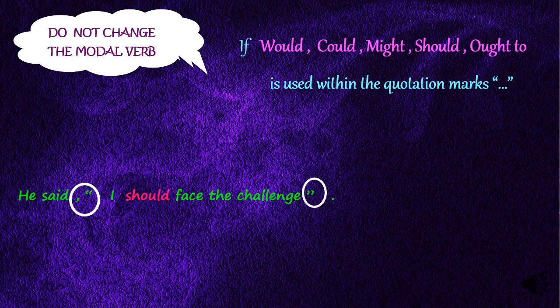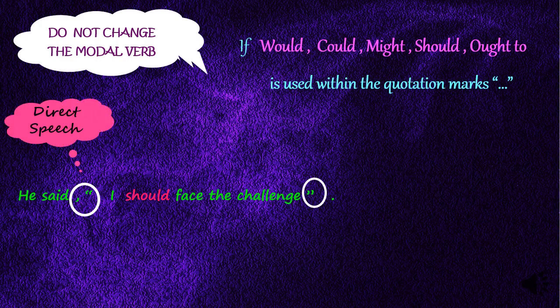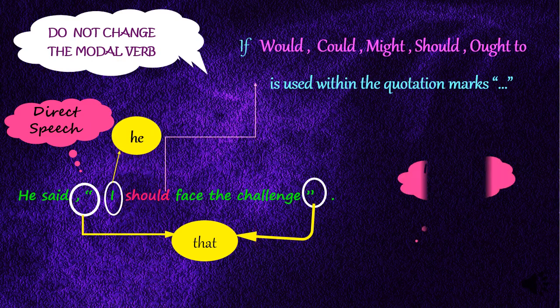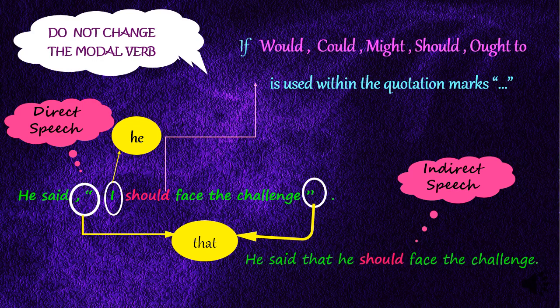Now, comma, open quotes, you need to remove and you will substitute with the conjunction "that." "I" will have to be changed to "he." "Should" remains the same. So your answer in indirect speech will be: he said that he should face the challenge.